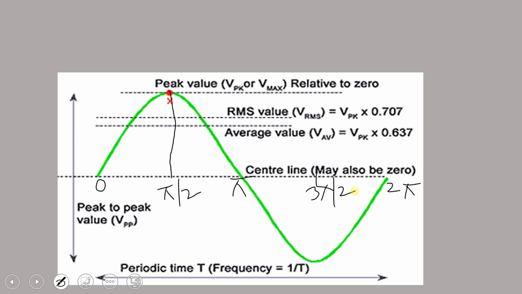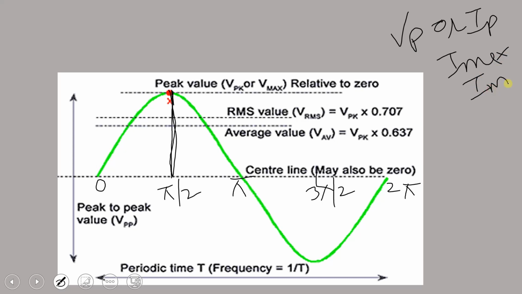If we are talking about the peak value, this is our peak value, and relative to 0, this is called Vp or Ip. It is also called Imax or Im.